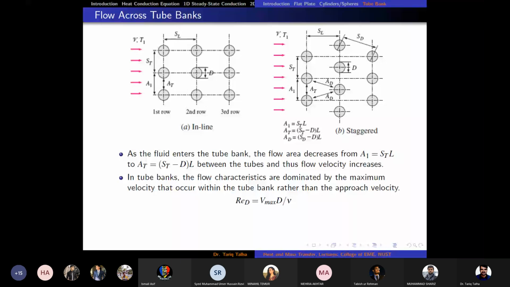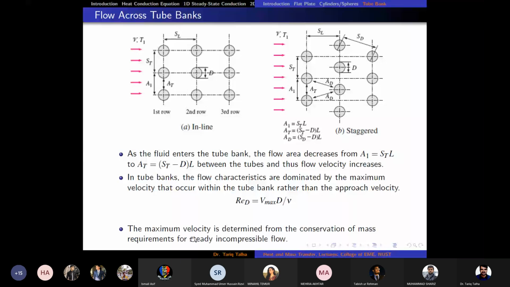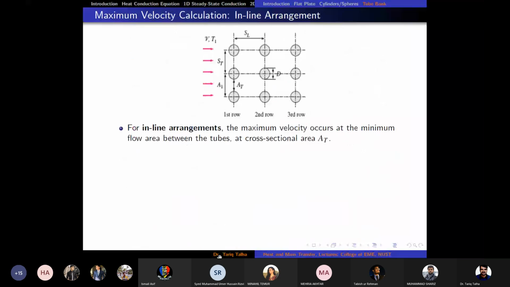For this case, the maximum velocity is determined from the conservation of mass requirement for incompressible flow. So for incompressible flow, we know m dot at this location would be equal to m dot at this location. So we applied this conservation of mass here.